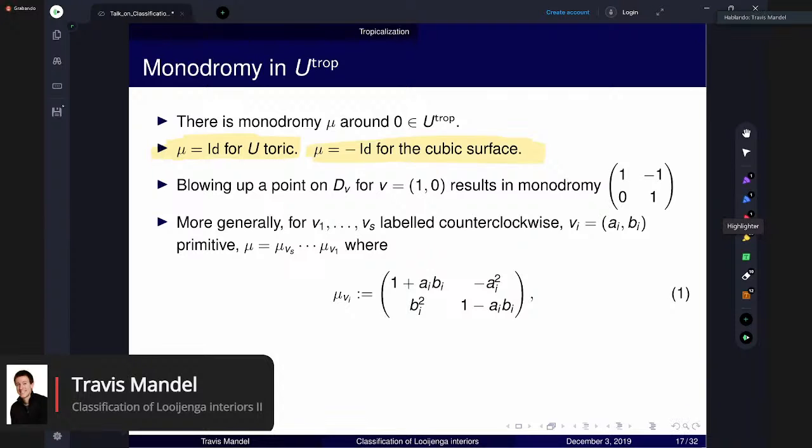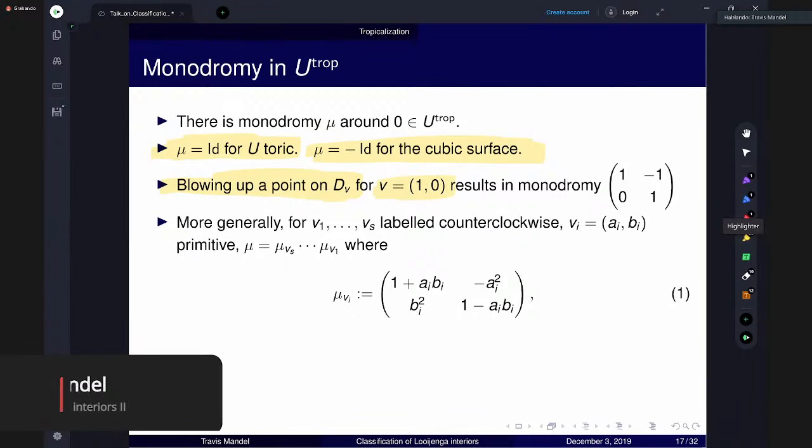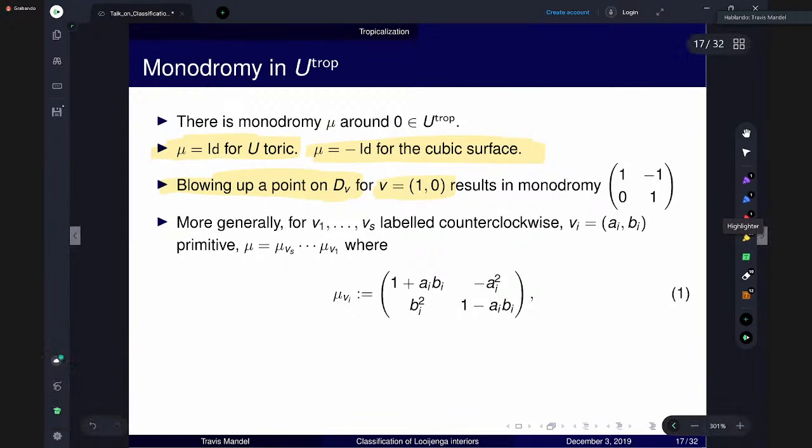In general, each time you blow up a point, say you blow up a point on boundary divisor D_v, that will add something to your monodromy. Basically, it adds a focus-focus singularity. So if you choose v to correspond to the direction (1, 0), this will contribute this matrix to your monodromy: (1, -1; 0, 1).